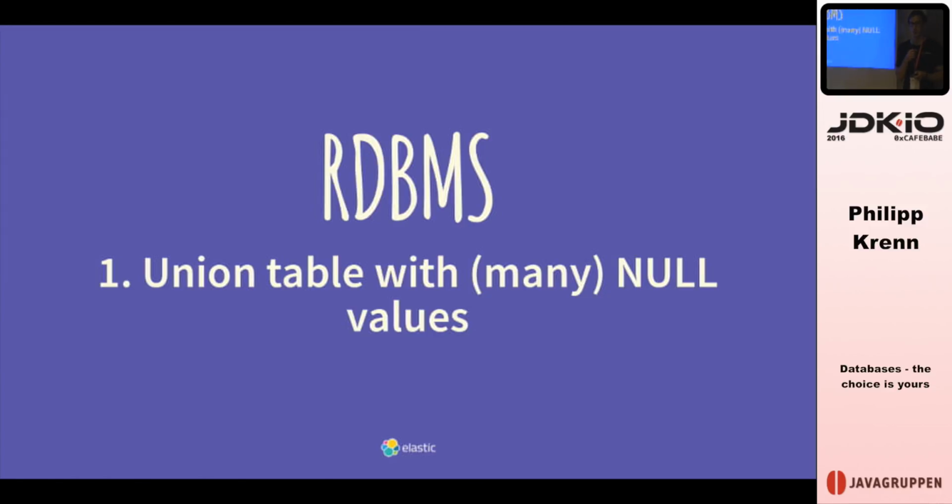The first thing you might want to do in a relational database is just have a union table, probably with many null values. If you have just 2 specific implementations, it's not that bad, and each one of them has just 1 attribute, so it's fine. But if you have more implementations and lots of attributes, you don't really have a rigid schema anymore, because you have mostly null values, and you cannot really enforce any not null constraints, because nulls are everywhere.